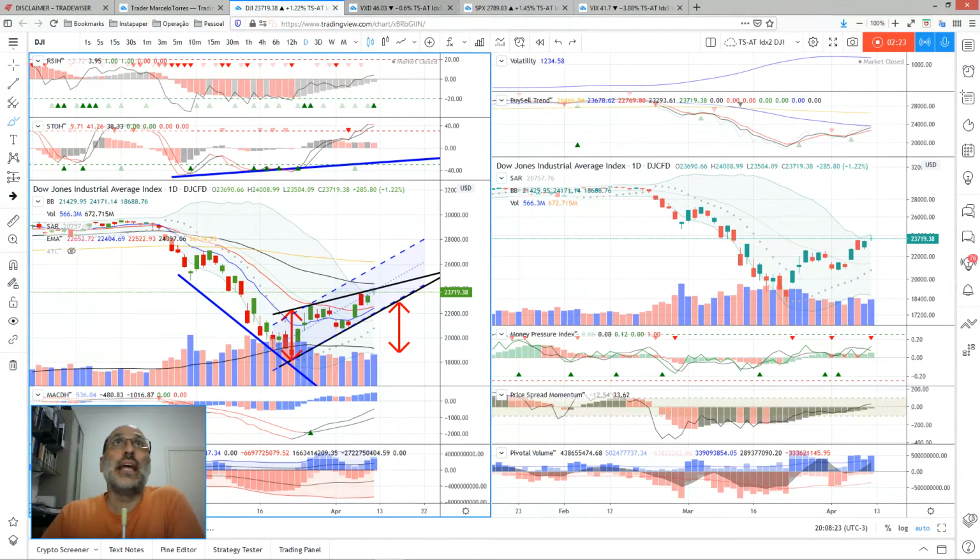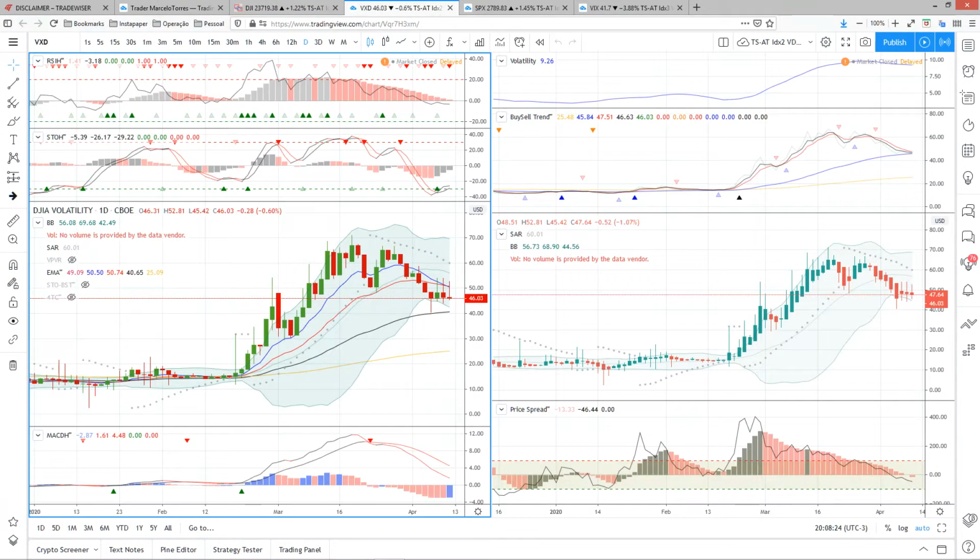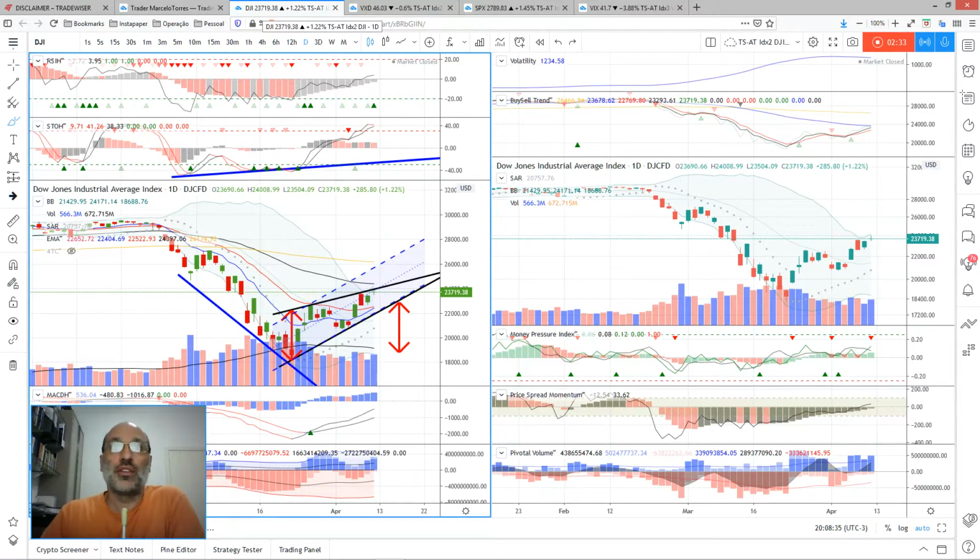So for the Dow Jones, we have the VXD, okay, which measures the volatility for this index. What happens with this volatility index? Once the stock market is going up, it means that the volatility is down.